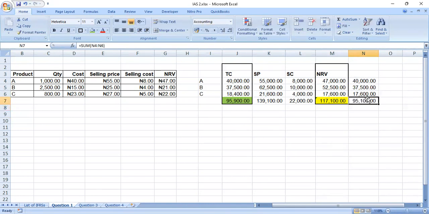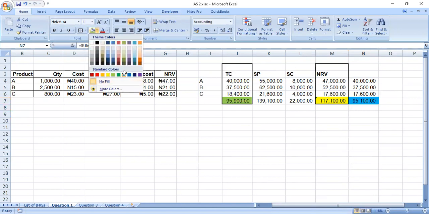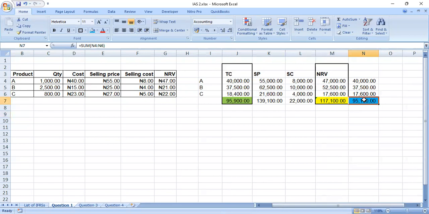Once I sum it, it gives me 95,100. So 95,100 is the cost of the inventory and not 95,900. You have to make the selection on a case-by-case basis and not on the total.